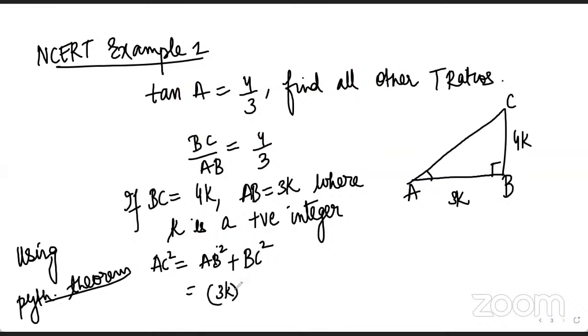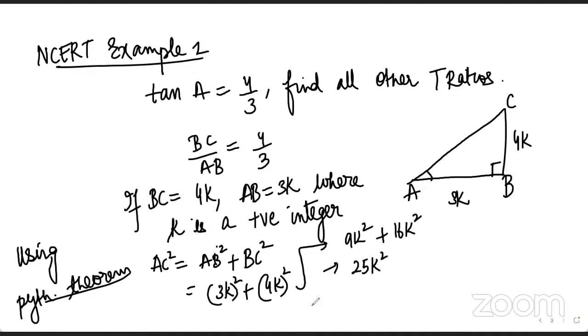AB square is 3K whole square, BC square is 4K whole square. So this will be 9K square plus 16K square, which is 25K square. So AC will be under root of 25K square, so AC will be 5K.